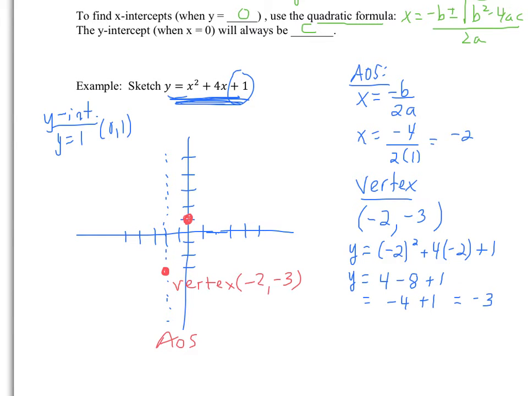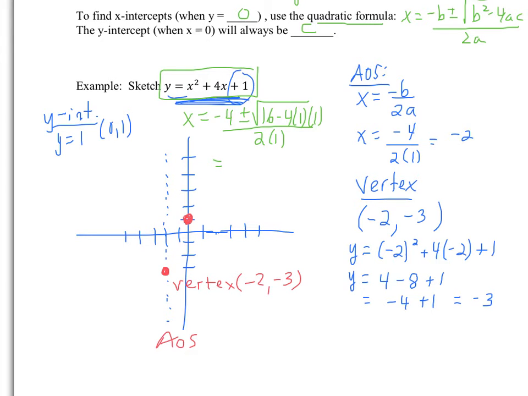Okay, so we can see that this is not factorable. So we're going to use our quadratic formula. Okay, so -b would be -4 plus or minus the square root. B squared would give us 16 minus 4 times the a times the c all over 2 times 1.